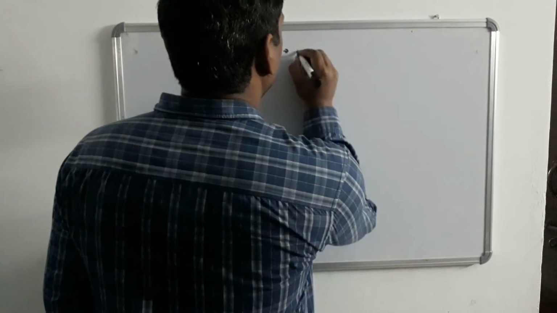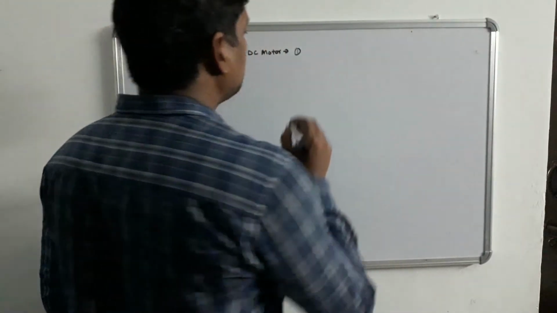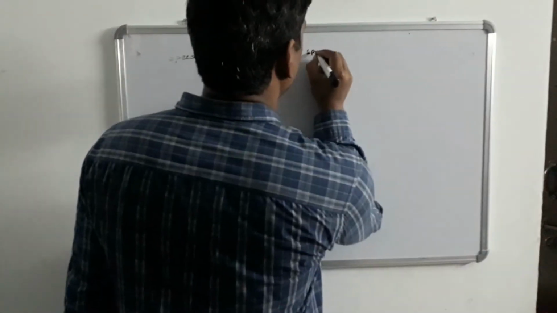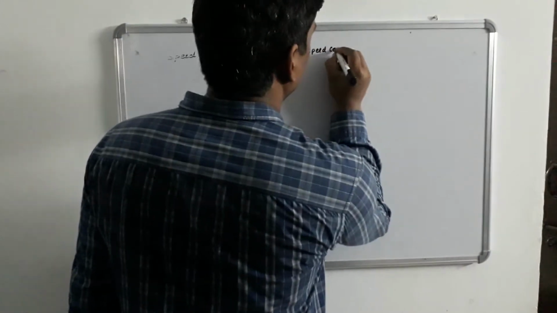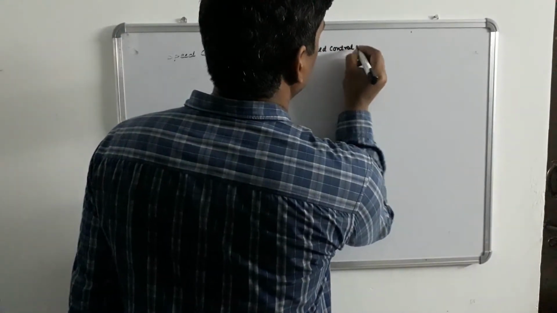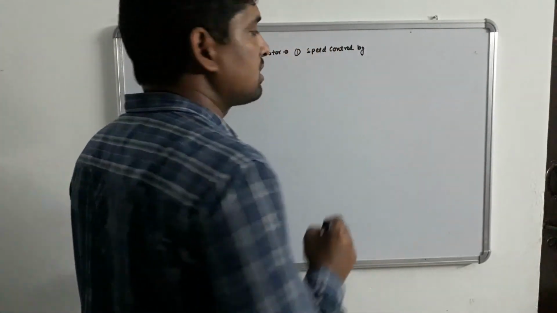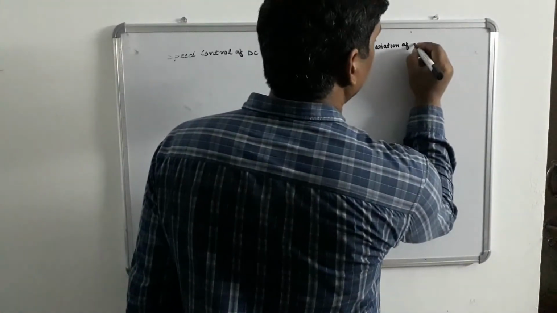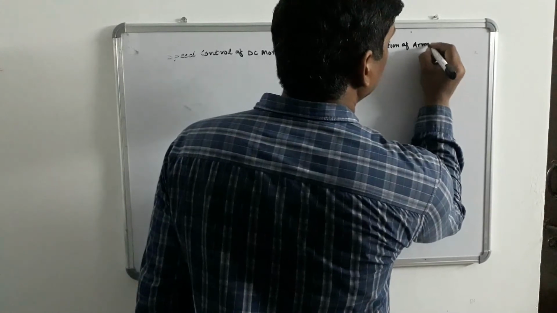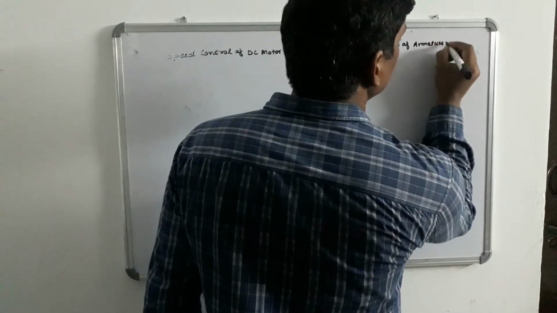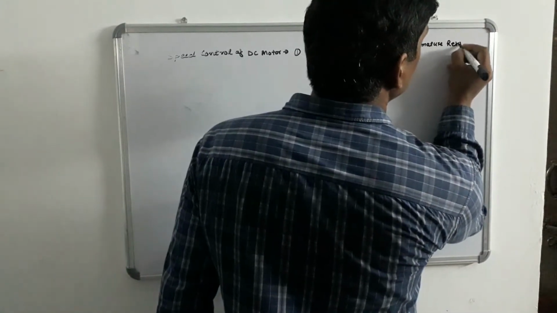First method is speed control by variation of armature resistance.